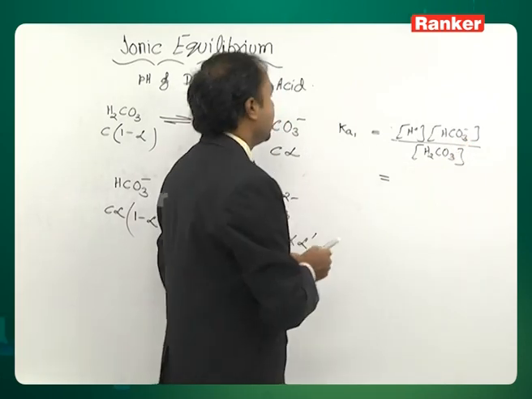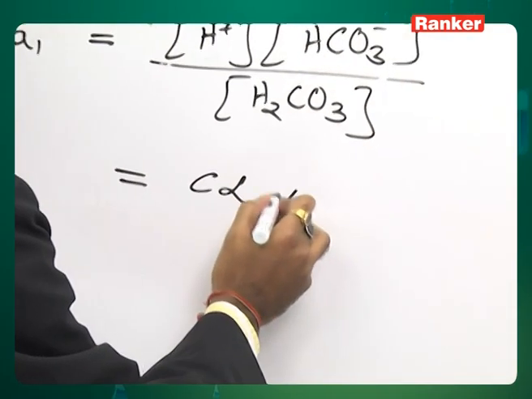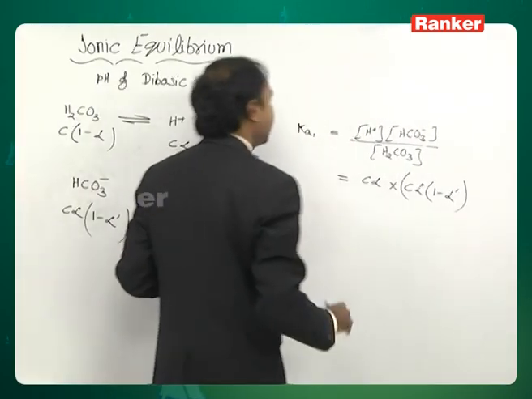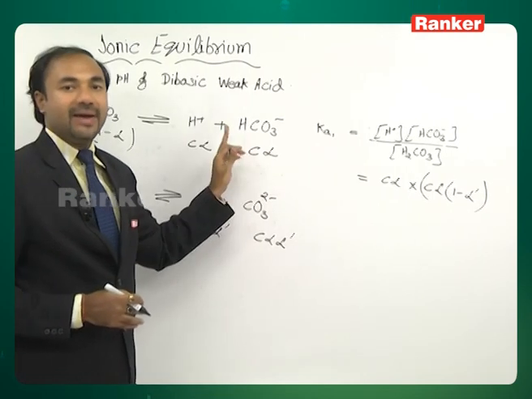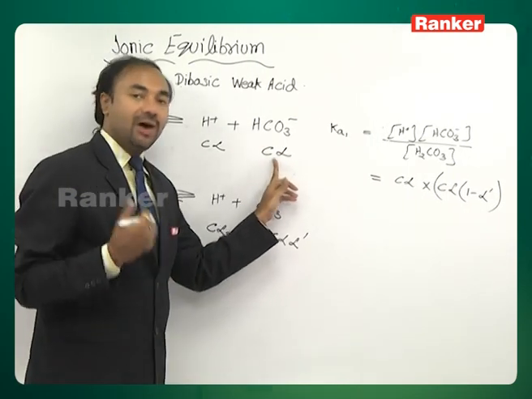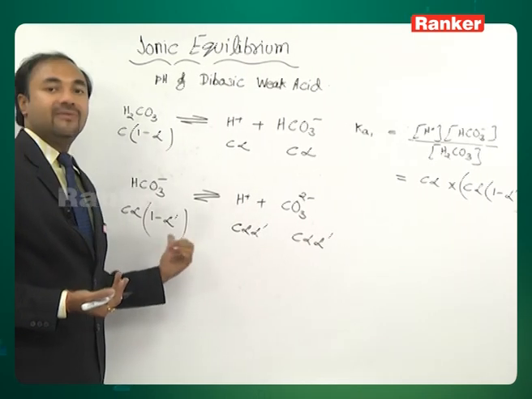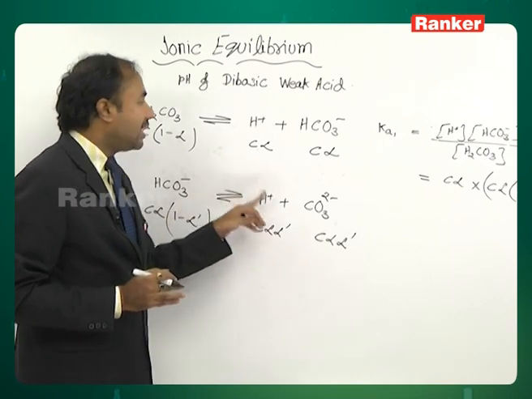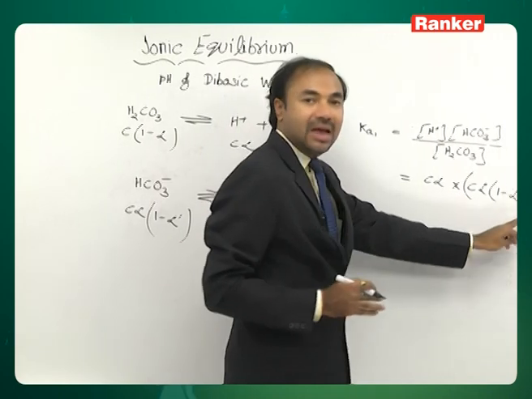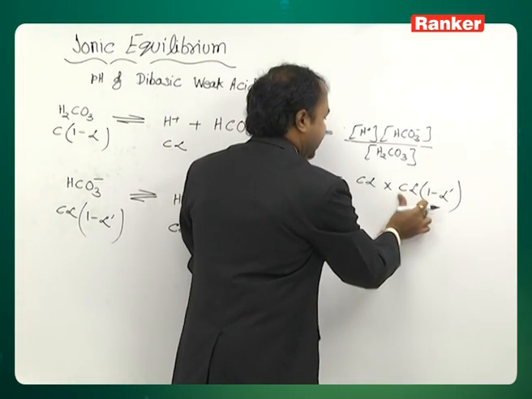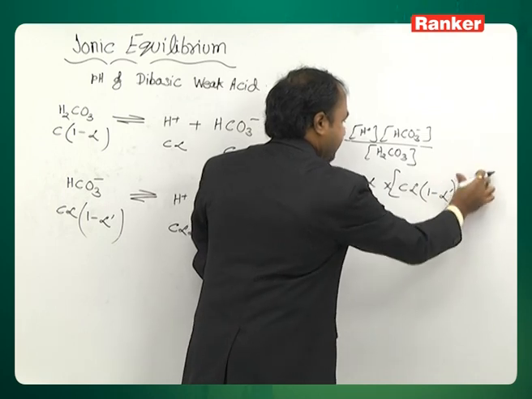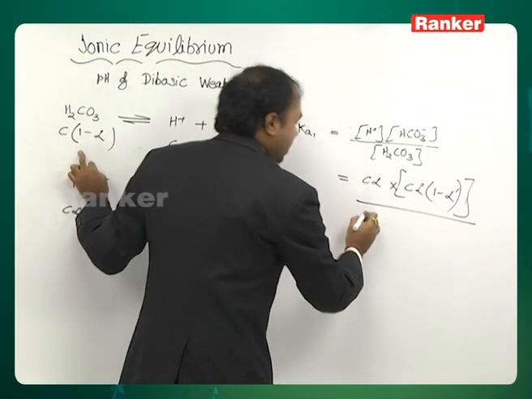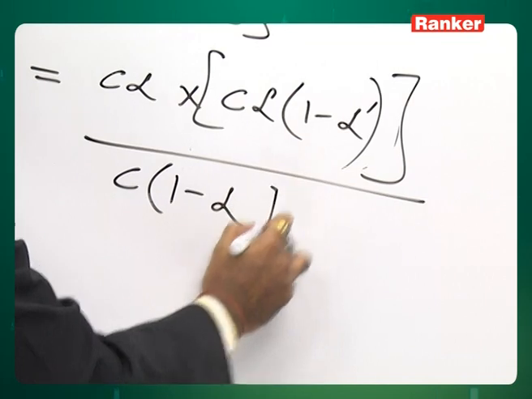We substitute the values and this becomes C alpha into C alpha into 1 minus alpha dash. Remember, final concentration of bicarbonate ion here is not C alpha. Why? Because C alpha alpha dash had already dissociated again. So final concentration of bicarbonate will be C alpha into 1 minus alpha dash, which we can put in a large bracket also, upon concentration of H2CO3, which is C into 1 minus alpha.